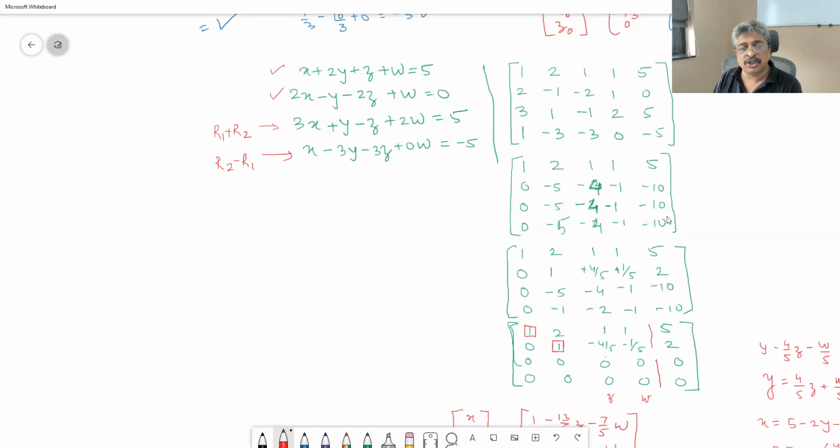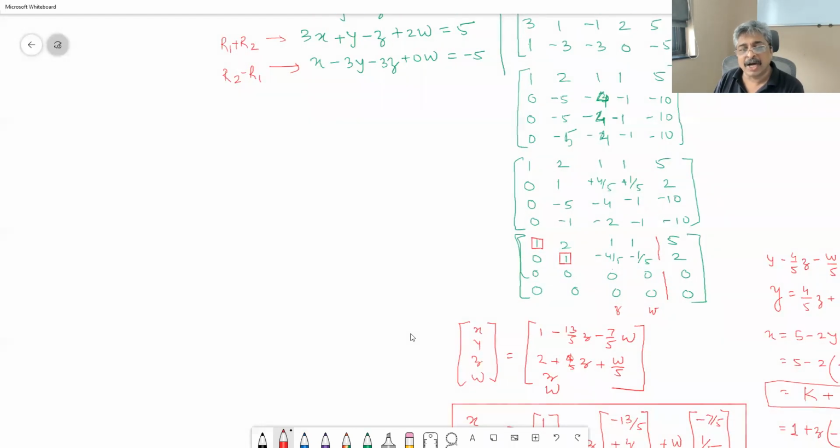So here the solution set has how many dimensions? You can choose Z, you can choose W. Therefore, system Rn was 4. N is equal to 4. How many pivots? 2.